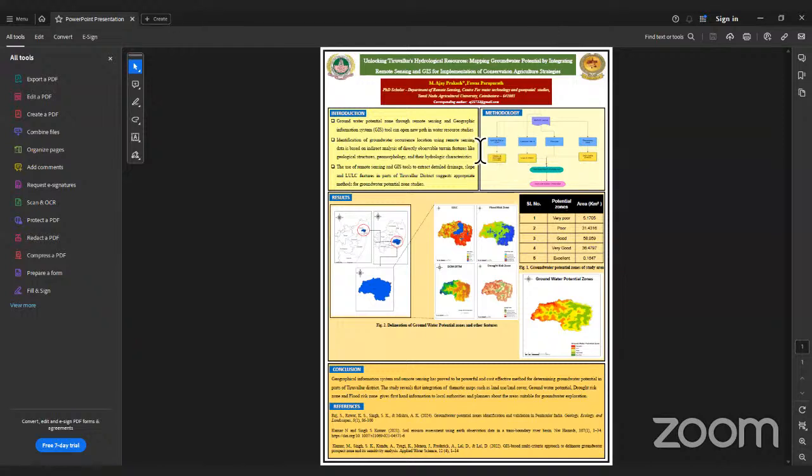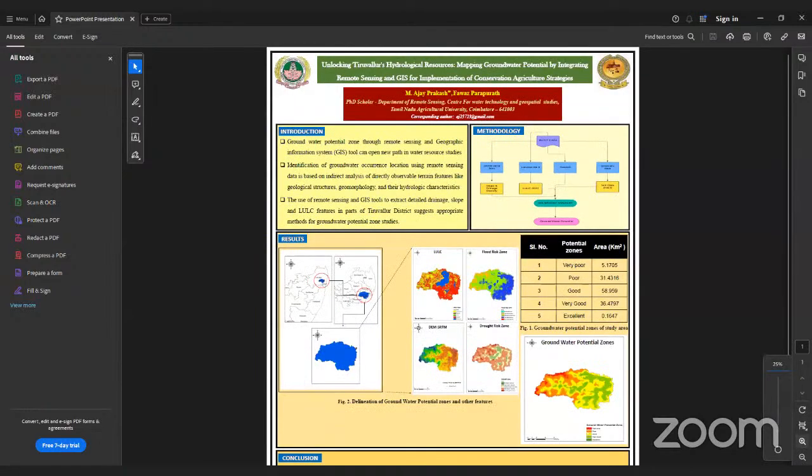Yes, sir. It's visible, sir. The screen is visible. Can you go for PPT mode or zoom in? Just a second. Okay, it's visible for everyone. Visible, you can go for presentation mode, Mr. Ajay. Yeah, sir. Okay.